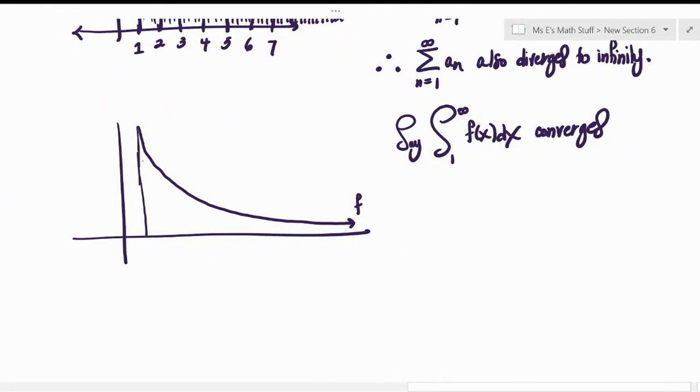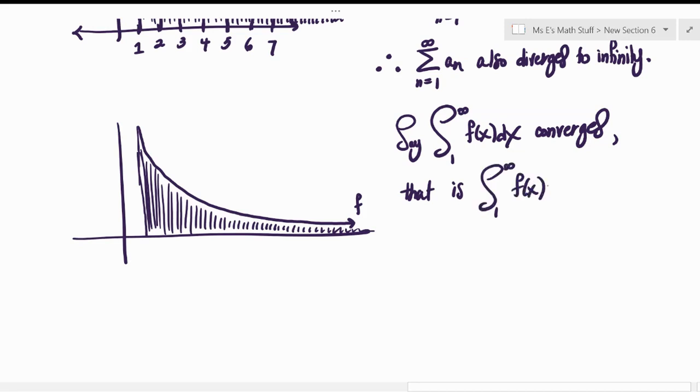That would mean that the bounded area adds up to something finite, right? So that the integral from 1 to infinity of f of x dx is equal to something finite, right?